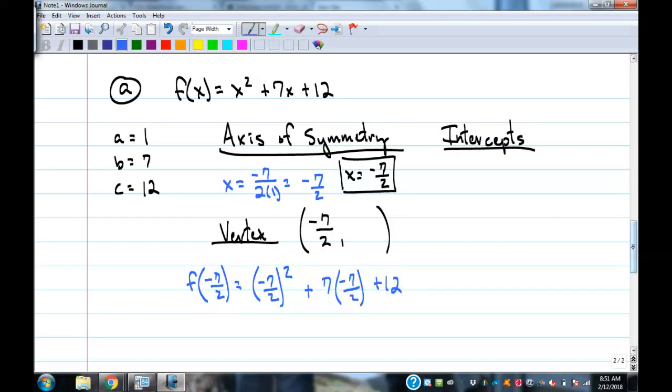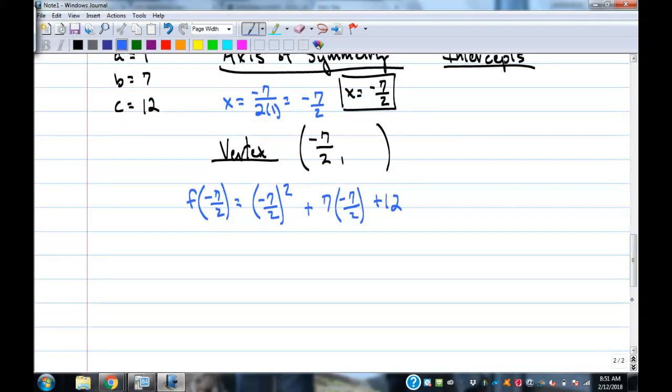Be very careful there. You're welcome to use a calculator if you want to. I'm going to try to do it without one because I like a challenge. I just took the same value from the axis of symmetry. That's the x value of the vertex, and then I'm just replacing x with that in the problem.